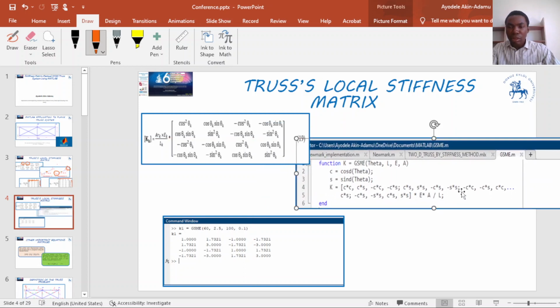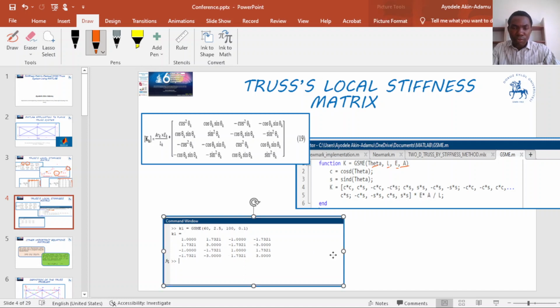On Matlab, I wrote a function that can easily compute the local stiffness matrix for an element, given the input variables theta, L for length, E for Young's modulus, and A. If I input these 4 parameters in this function, Matlab computes my local stiffness matrix.